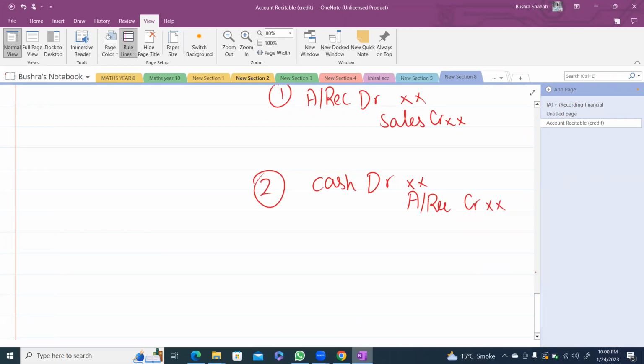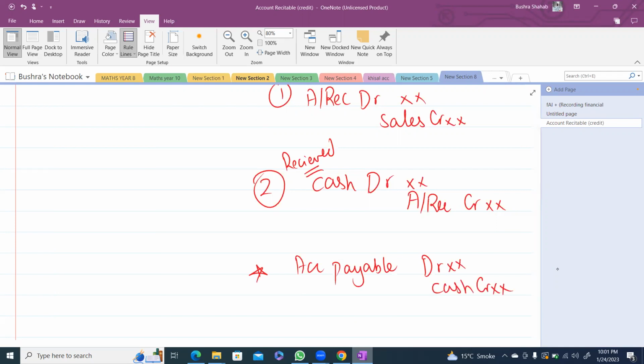In the same way, for purchases, you will do it at the end when you make the payment. So you will do account payables debit because your liability will decrease, and cash credit simply.